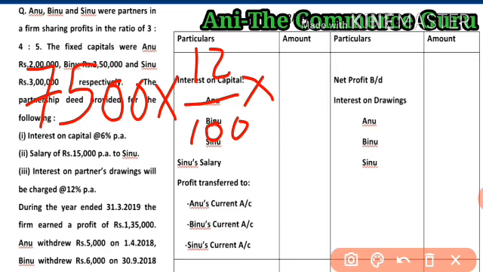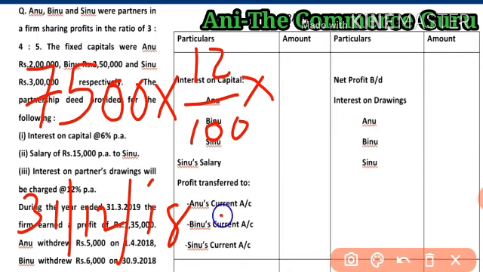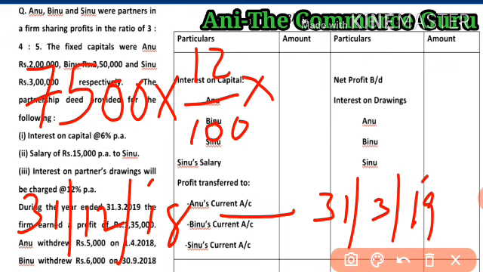Sinu drew the amount on 31st December 2018 and our year ending is 31st March 2019. So 31st December means almost December is over, so we have to account from January 2019, January, February and March. So a period of 3 months interest we need to calculate.